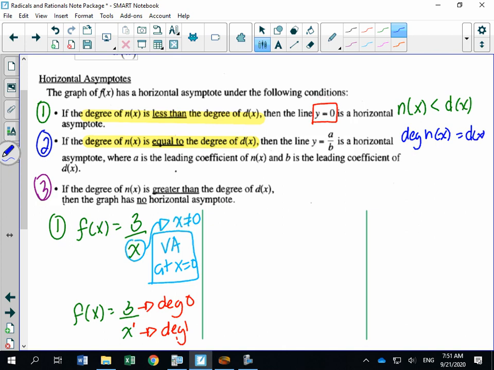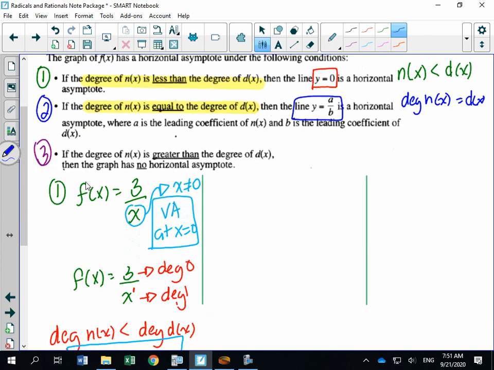We are going to have a horizontal asymptote at the line y is equal to a over b, where a is the leading coefficient of the numerator and b is the leading coefficient of the denominator. So let's see an example of number 2. If I gave you f of x is equal to 2x all over x plus 1.